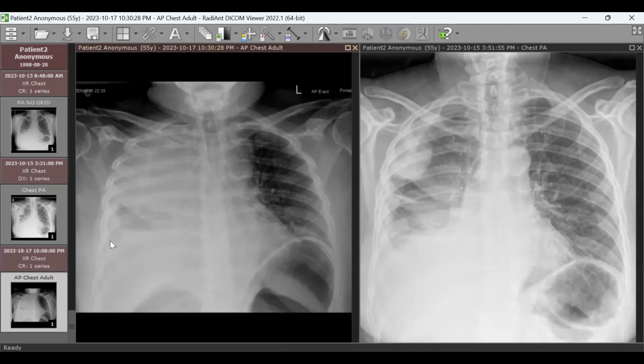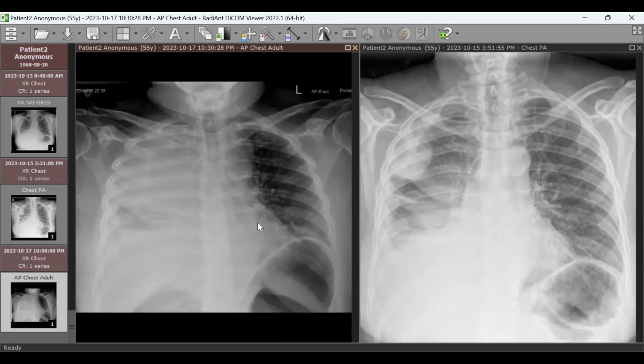Just focus on the hemithorax here. What's the difference between the second X-ray and the third one? In the third one we have near complete opacification of the right lung, and there is shifting to the right side.